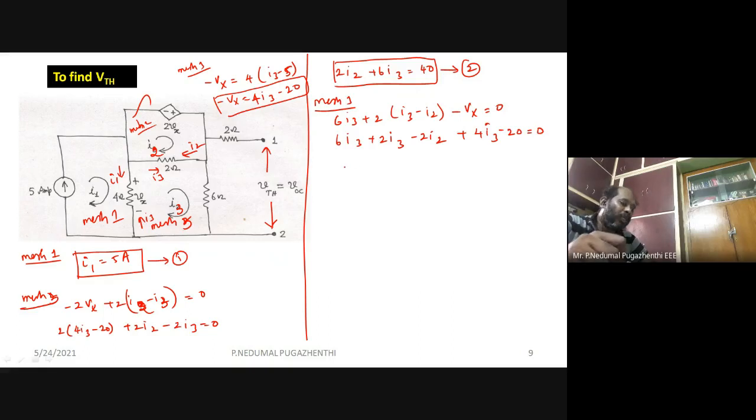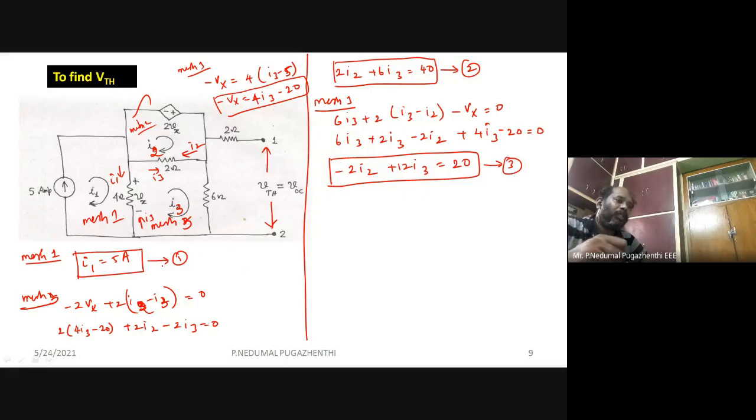And what is my third equation? My third equation is minus 2I2 plus 12I3 is equal to 20, since 6 plus 2 is 8I3, 8 plus 4 is 12I3, and minus 20 goes to that side as plus 20. This is my third equation. If I solve these three equations, I1 is 5 ampere is already there.